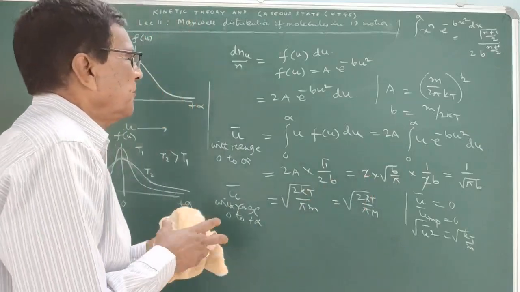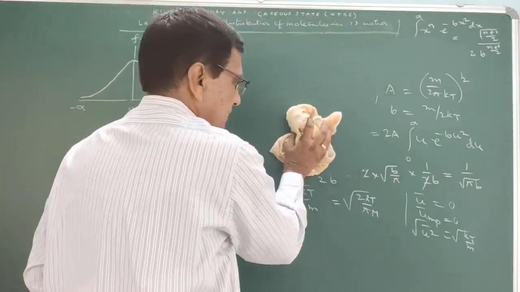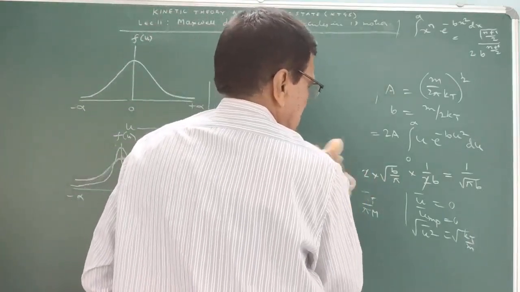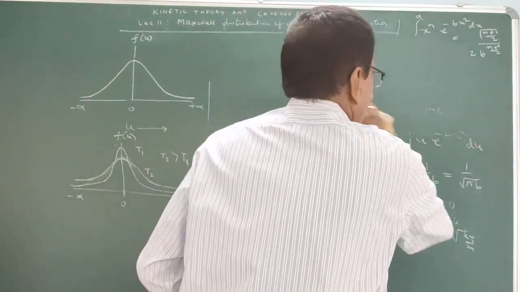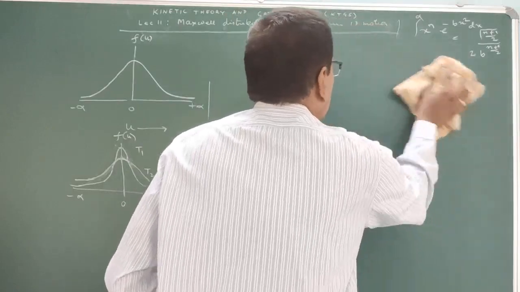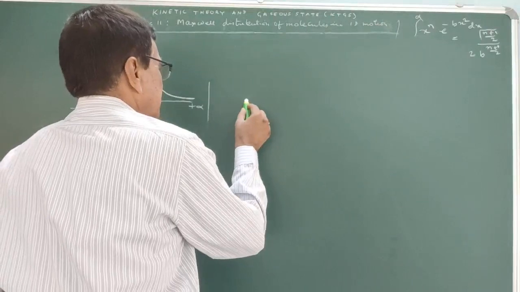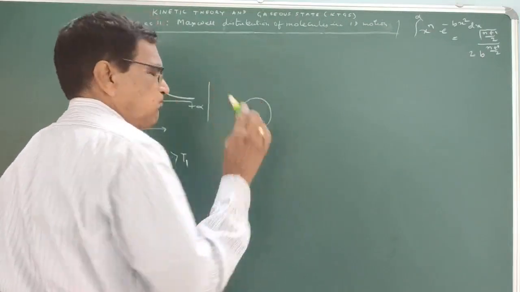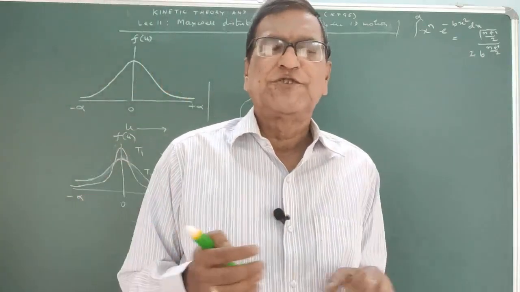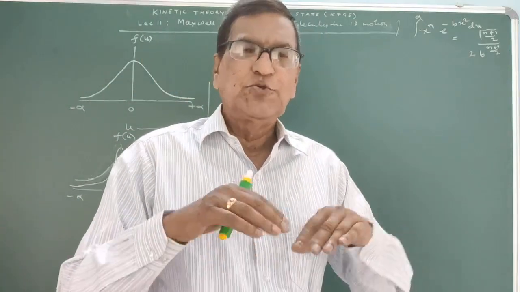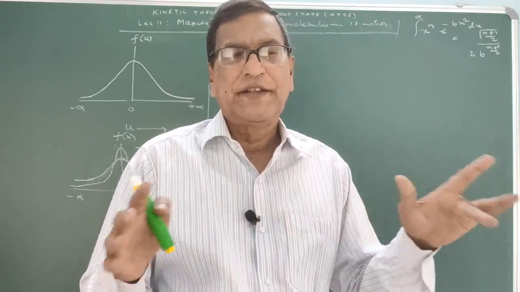Now, I make an arrangement. Suppose here is a globe. Why does this x component velocity 0 to plus infinity become so important in the practical sense?